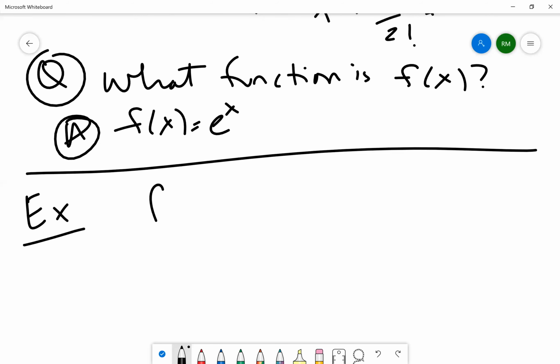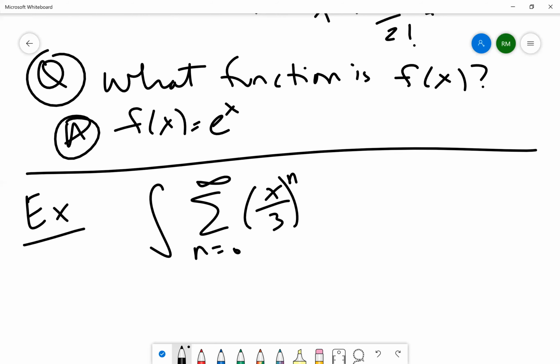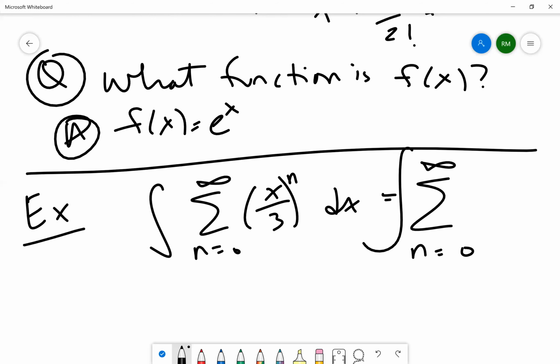I want you to integrate the following series: the sum of x over 3 raised to the n. Well, go ahead and do it in your notes, but you just need to integrate each term. So we have x to the n over 3 to the n.